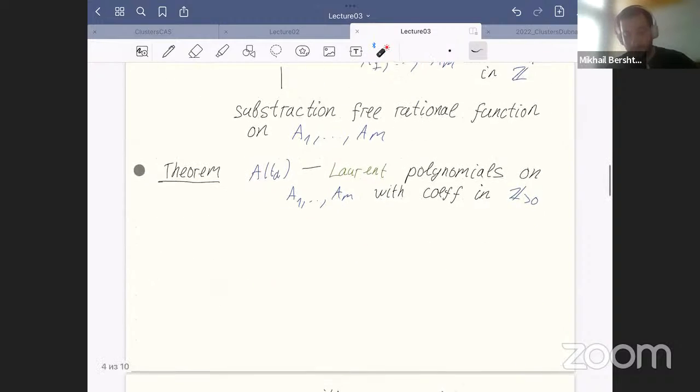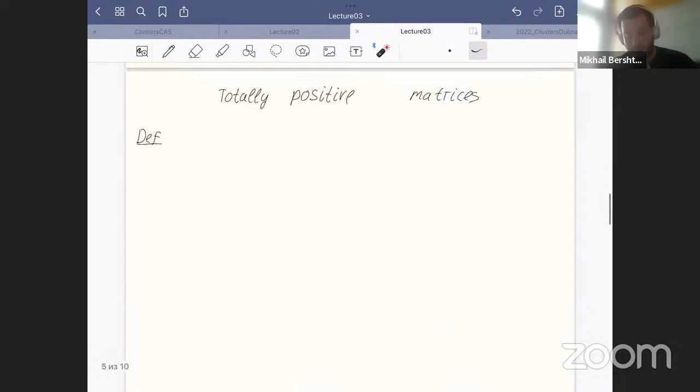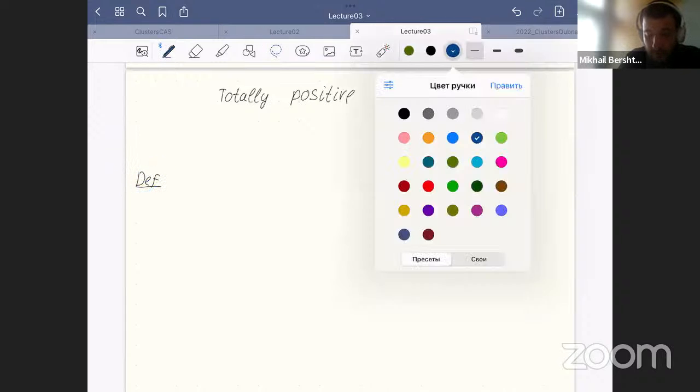Let me discuss an example which may be interesting in itself, which was quite studied even before the origins of the cluster algebras, but in another sense, and was one of the motivations of the cluster algebras. So I will go on to discuss matrices.